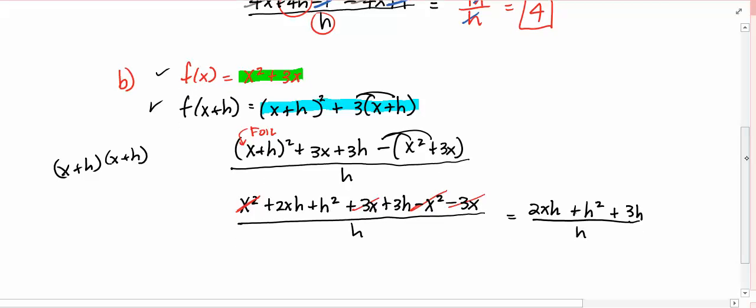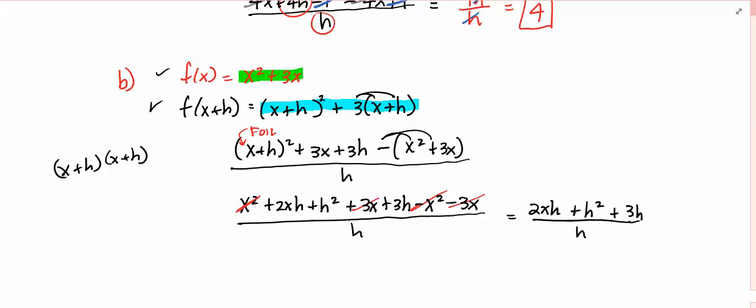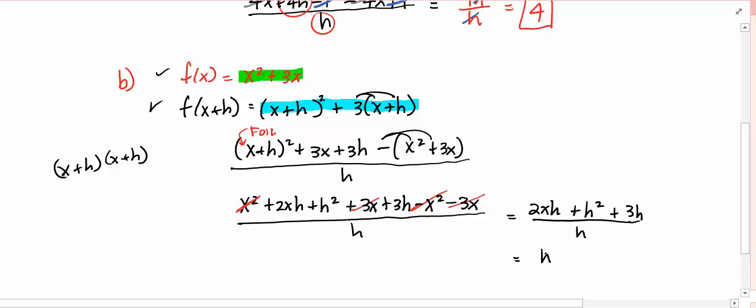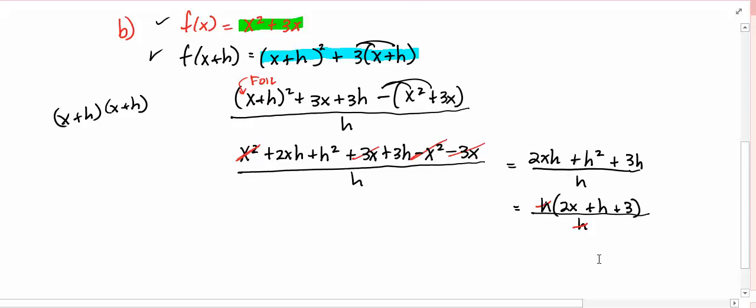We're not quite finished because we need to continue to simplify. It does say simplify. Since I have the numerator with a common factor of h, I'm going to factor out the common h. And then I know that those can cancel. So what I'm going to get for my answer is 2x plus h plus 3. And that is the difference quotient.